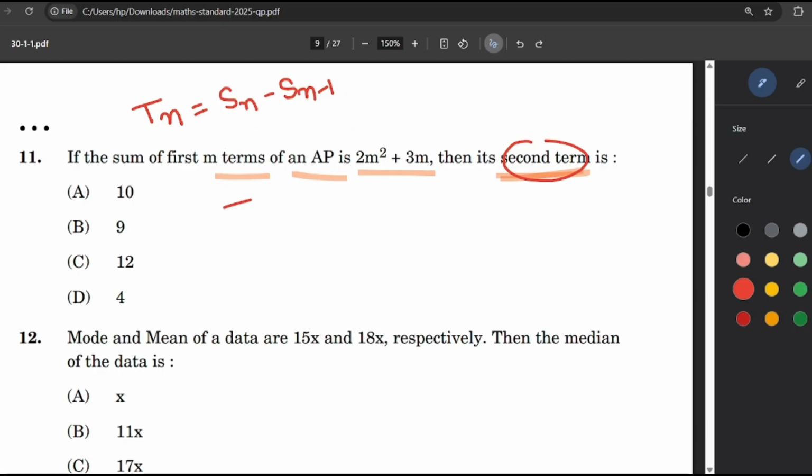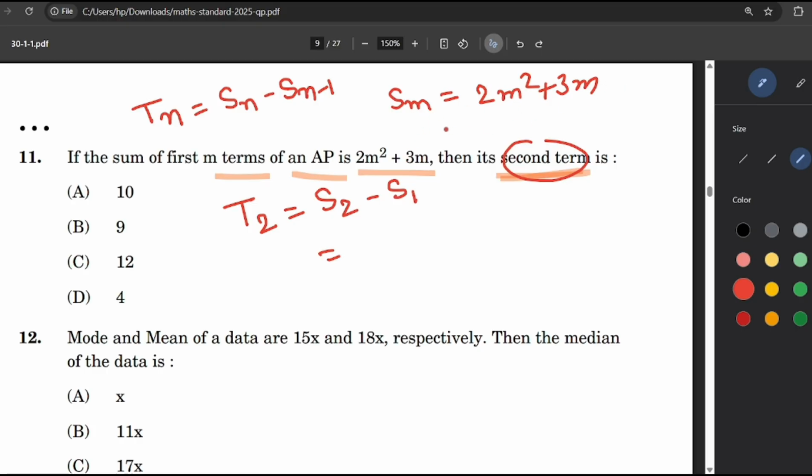The second term is equal to the sum of 2 terms minus the sum of 1 term.